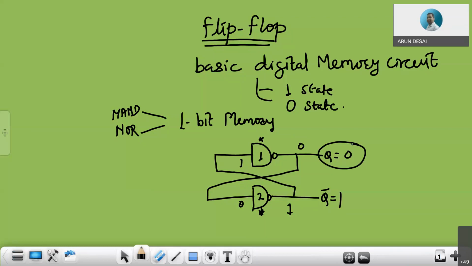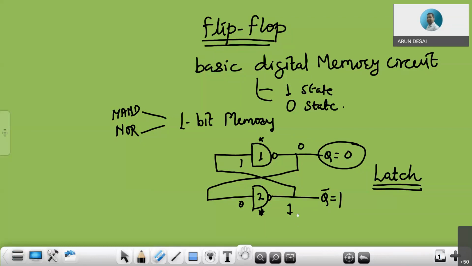It stores zero there for so many iterations, right? So this is called a one bit memory cell or latch. It stores something there, either zero or one, inside the memory or inside the circuit, right?